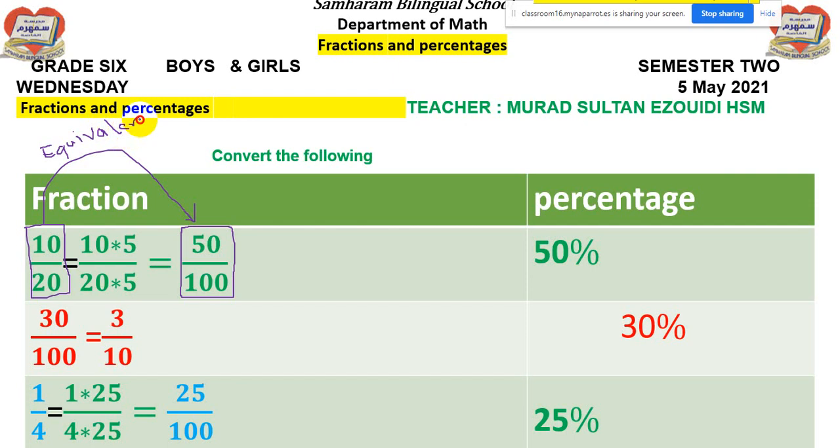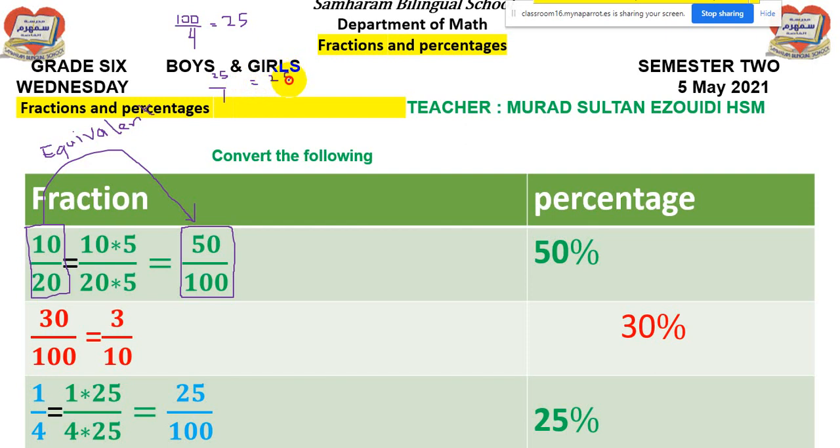Okay, for example, like you told me, teacher, 100 divided by 4 is what? Is 25, isn't it? Is equal to 25, yes or no? Like you said also, 25 divided by 1 is what? Equal to 25.